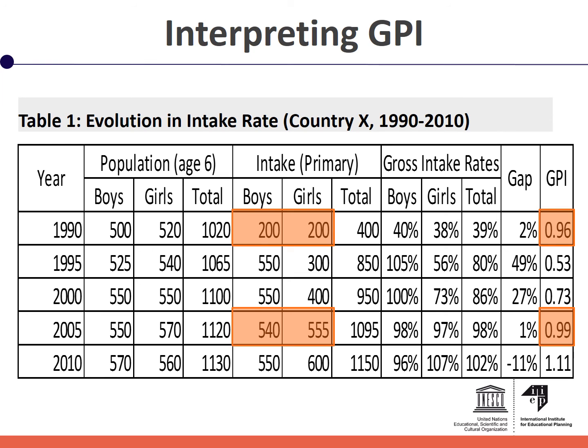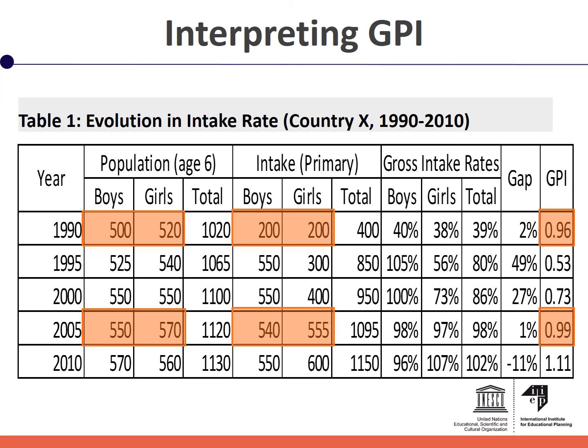In 1990, the number of intake for boys and girls were equal, and in 2005, the girls' intake was higher than the boys' intake, but the GPI values were below 1, indicating that boys were in favor. Why is it possible? This is because the girls' population was higher than the boys' population in these years.